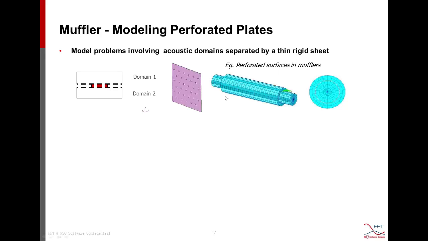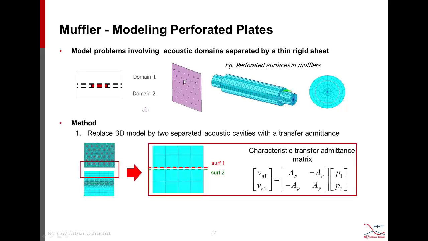So this example is a cylinder muffler, which is different from a simple expansion chamber in the sense that the central duct and this expansion volume are separated by this perforated plate. So the perforated plate is a sheet that is punched with many holes on it.